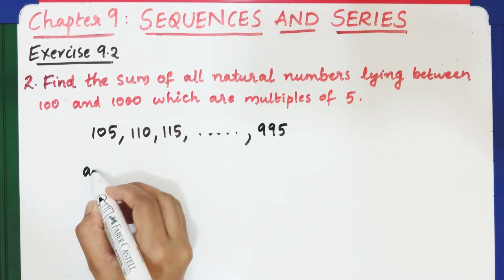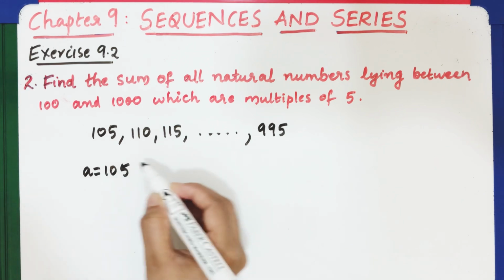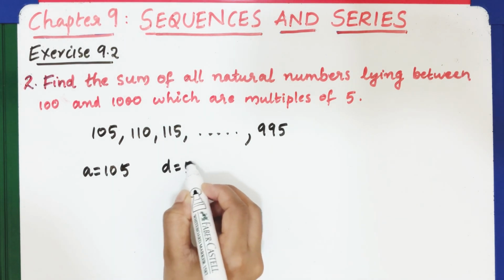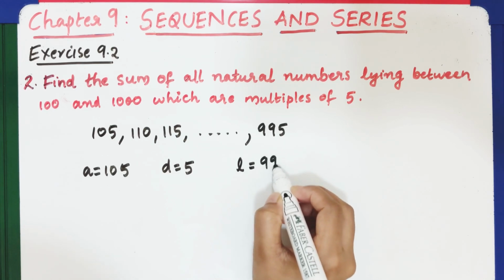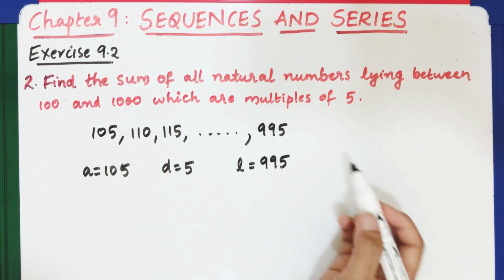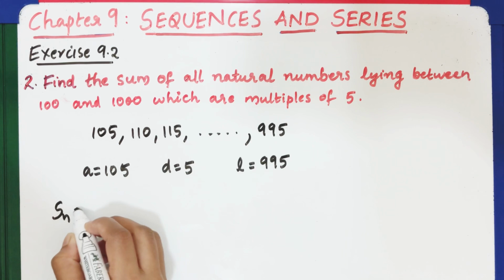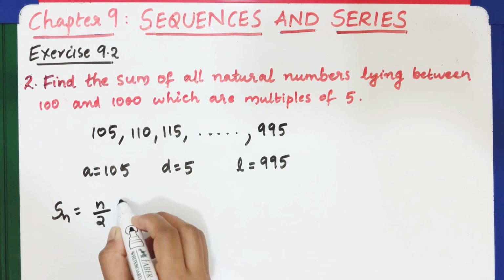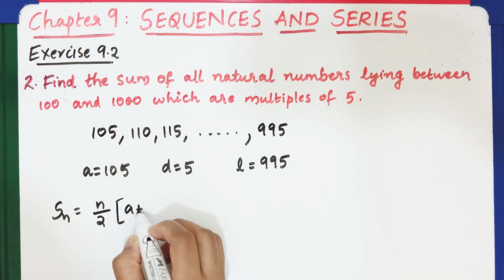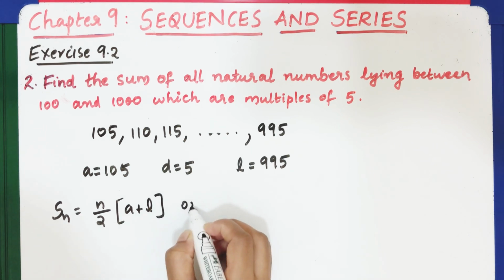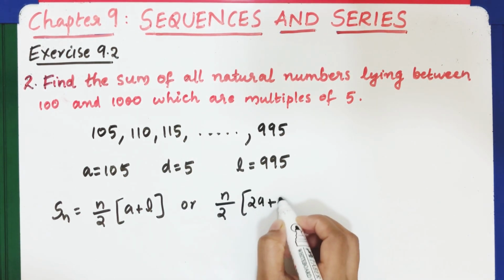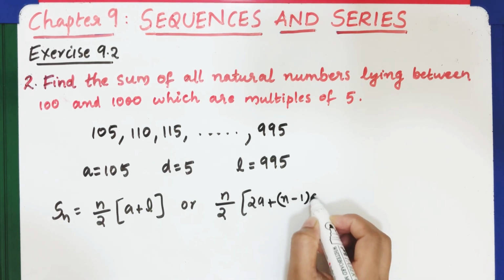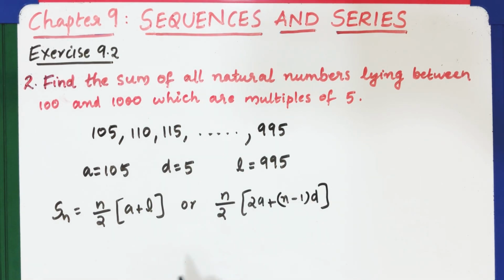Here a is equal to 105, d is equal to 5, and the last term l is equal to 995. So what is Sn? Sn is equal to n by 2 into (a plus l), or n by 2 into (2a plus (n minus 1) into d). You can use any of these equations.